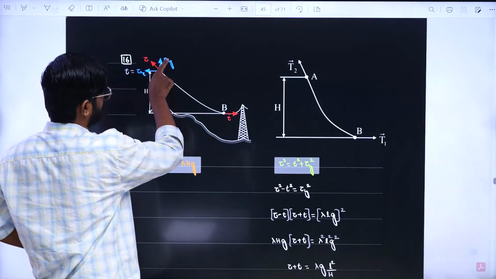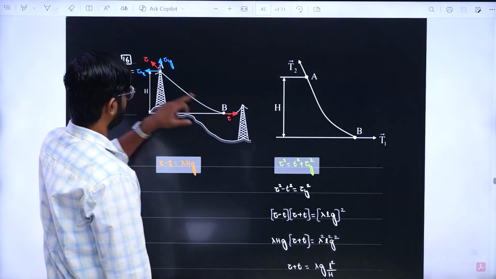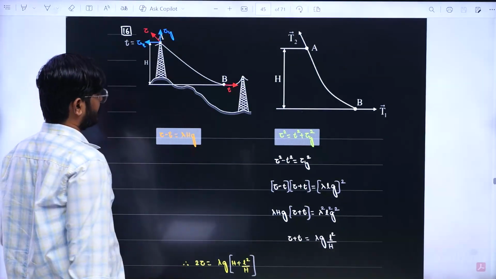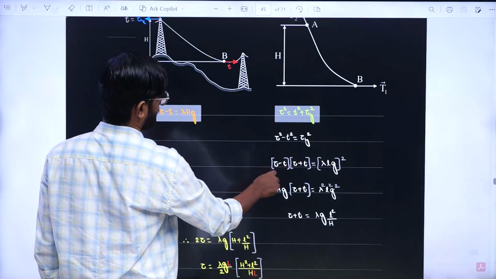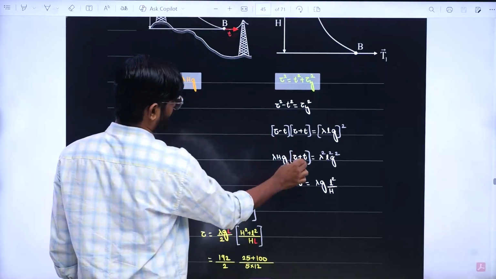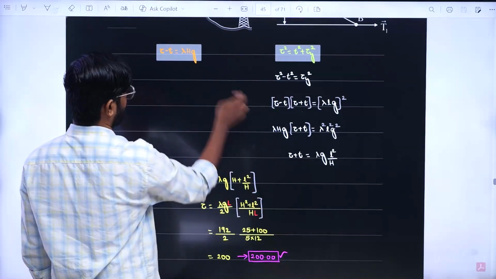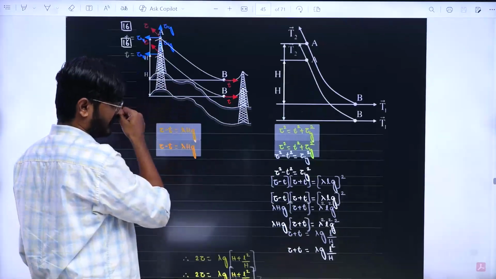This tension square equals this tension square plus this tension square, and horizontally tension should be the same. Now you need to calculate what is tau. So for that I will take this equation and I can write this as a plus b into a minus b, and I can plug in this value here so that I will get what is a plus b value. Now once I know a plus b, a minus b, I can add them to get the actual tension here.